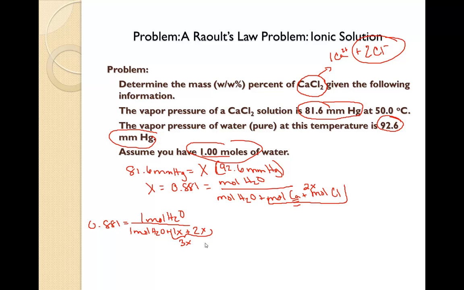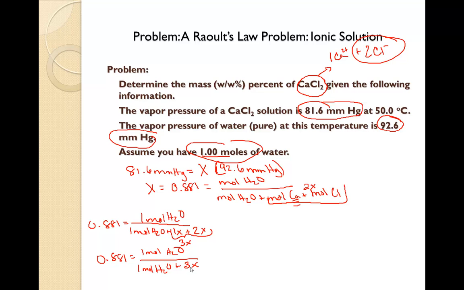So let's rewrite this. I'm just going to leave it 3x, x being the moles from the ions. Because remember, it's the quantity of ions, not necessarily the amount that was actually added.